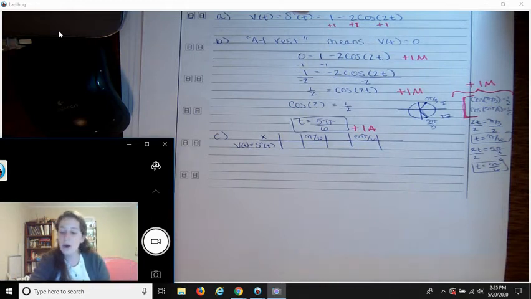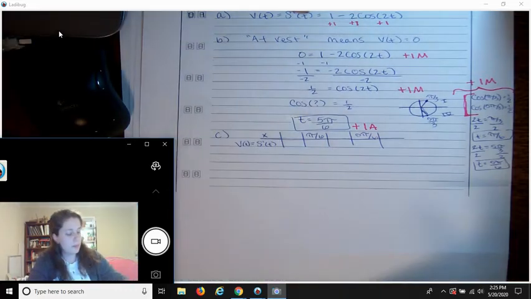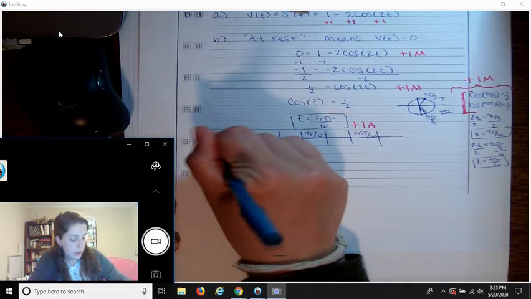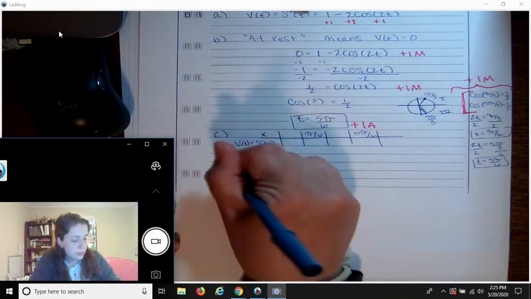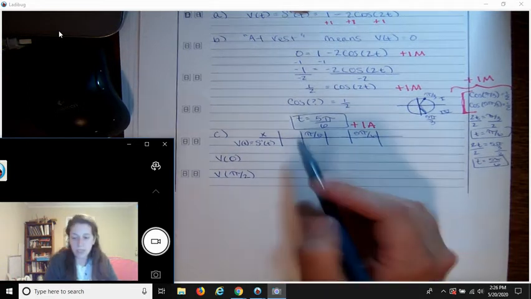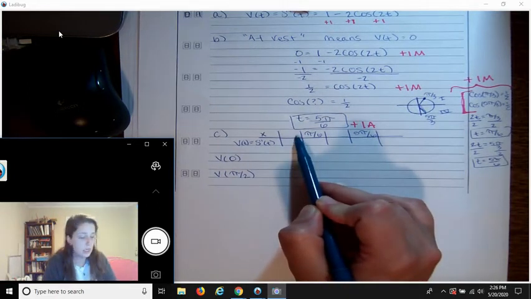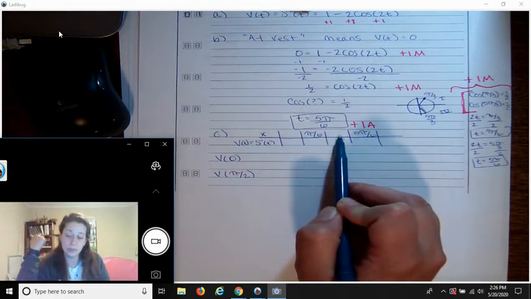Okay, so now we need to actually figure out these values. Some easy points to choose would be 0, to calculate v of 0, and v of pi over 2. V of 0 is a value to the left. Pi over 2 is definitely going to be between those two values.